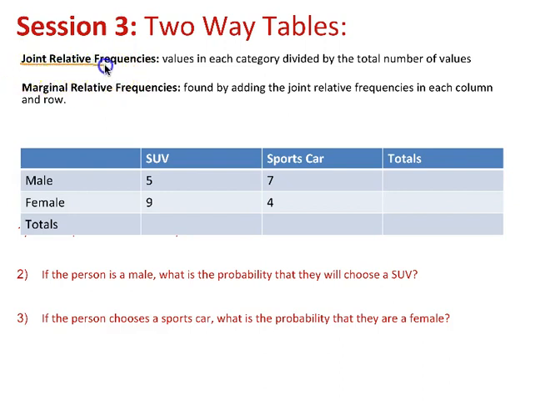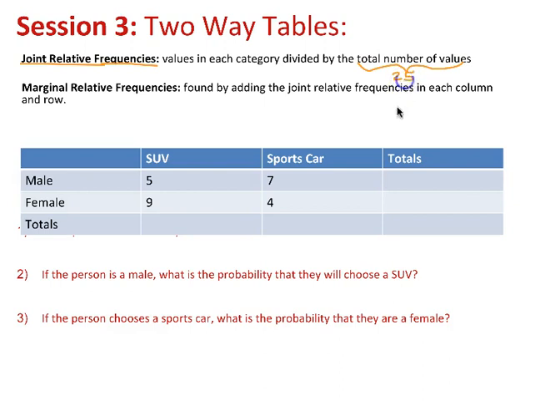So let's go ahead and find the joint relative frequency in this table that we've been looking at. So the joint relative frequencies are going to be the values in each category. So 5, 9, 7, 4, those are the values in each category. And we're going to divide the value in each category by the total number of values. And in this case, it was 25.